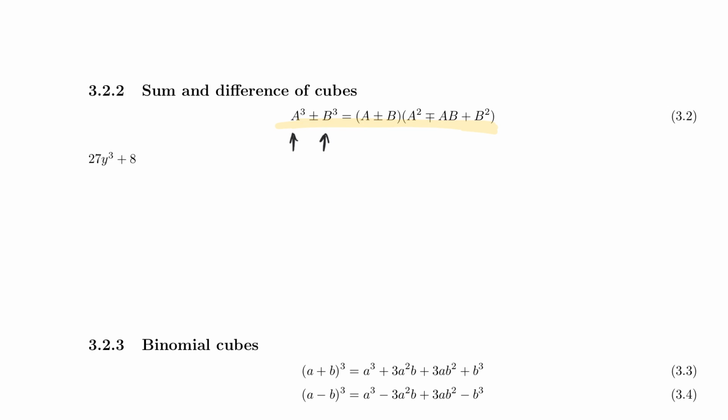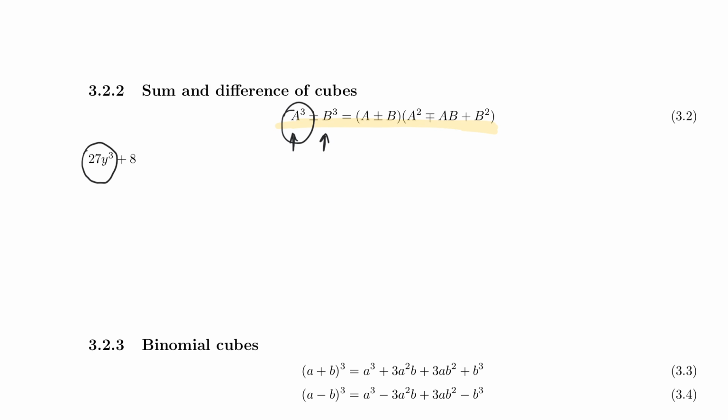When we have an example like this one, 27y³ plus 8, we have to calculate the cubic root of each term to get the value of A and B. What do I mean by this? We have the first term right here, A cubed. But we don't want A cubed, we want the value of A. So we just equate these two.